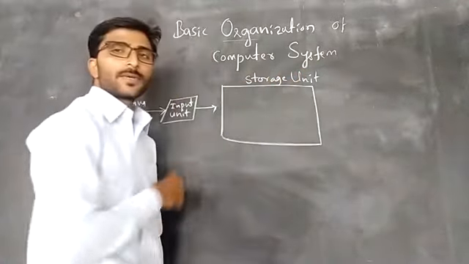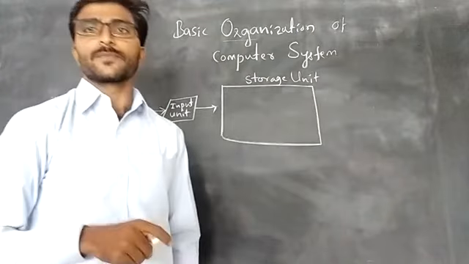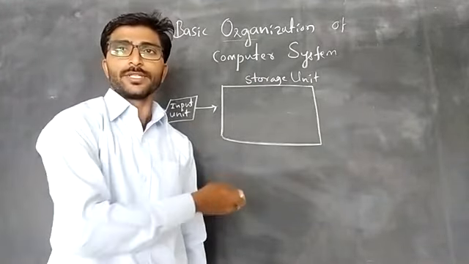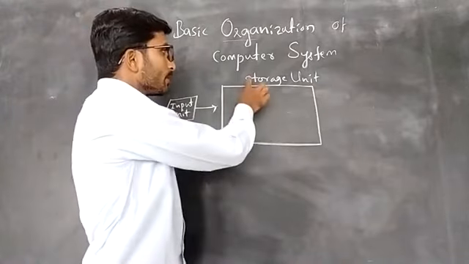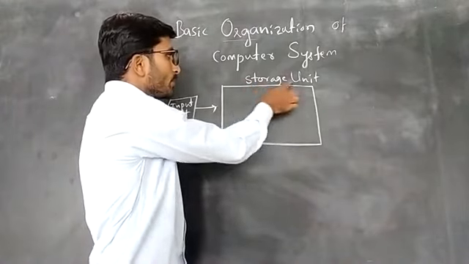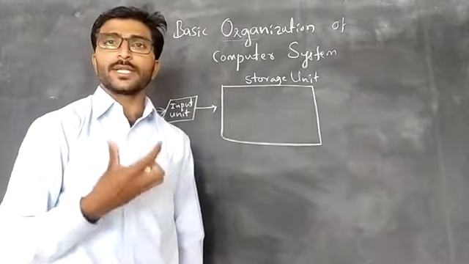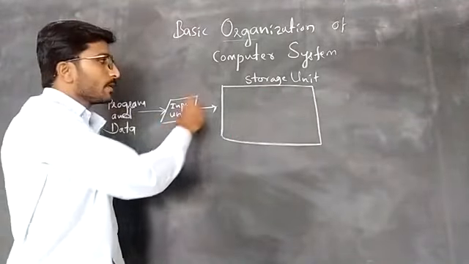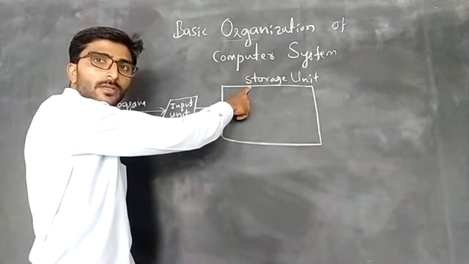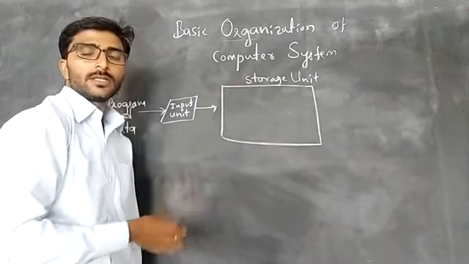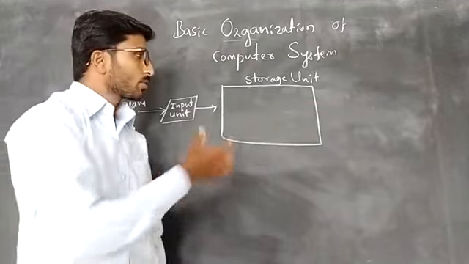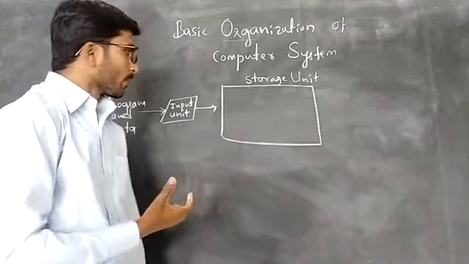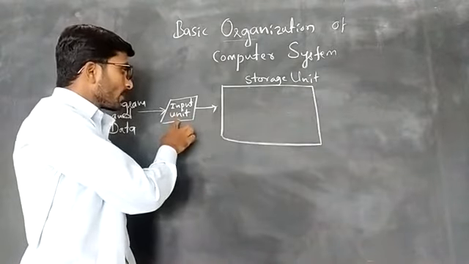So in the previous class we discussed storing. That is a function of computer, right? So that is here the storage unit. This storage unit can store the data which is accepted by the input unit. Okay, what it does, it can store the data, or save the data, which is accepted by the input unit.